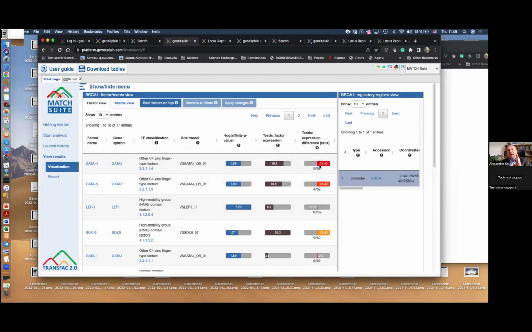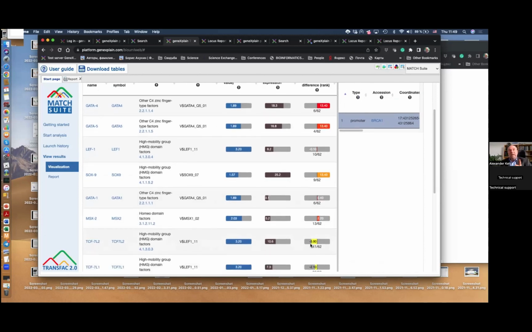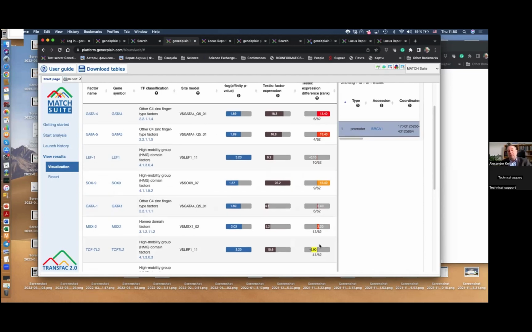If it's like 13.4, so it goes to the right, it means in testis it has a higher expression than on average in all other tissues. If it's like minus 0.10, it's around average expression. In testis, this gene, LEF1, is expressed at an average value, like in all other tissues. And if it's minus 5.0, it means this gene in the testis is expressed a bit lower than in all other tissues.